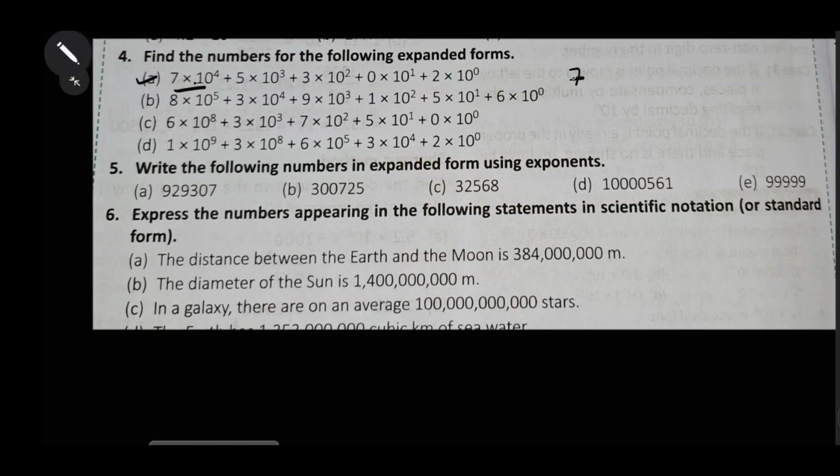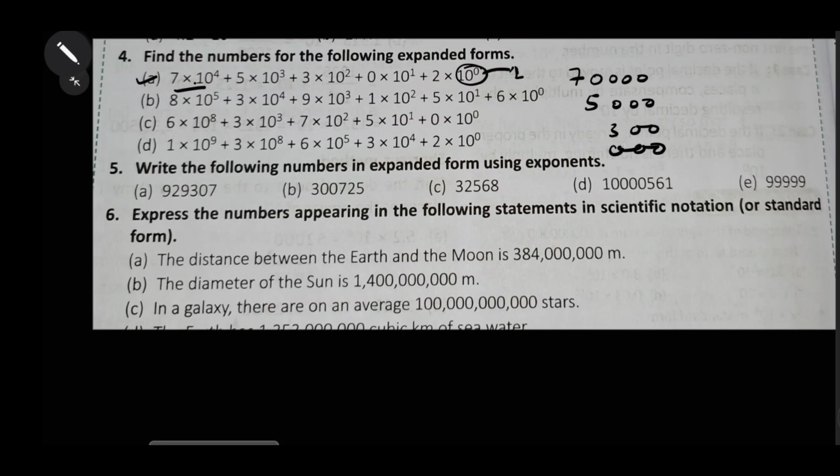7 into 10 to the power 4 can be written as 7 and 4 zeros, and 5 into 10 to the power 3 can be written as 5 and 3 zeros. 3 into 10 to the power 2 can be written as 300, and 0 multiplied with any number gives 0. And 2 into 10 to the power 0: as we can see, the power is 0, so the value will always be 1.